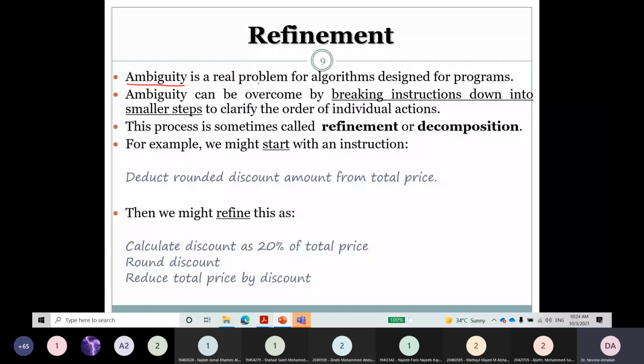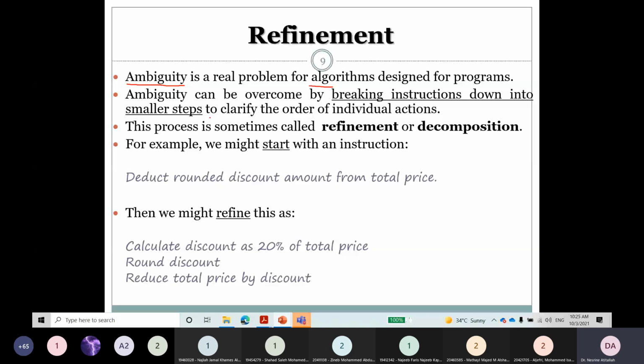When you are asked, for example, to compute the smallest, in this phrase there are several steps. So we can refine this part, we can break down this step into smaller steps. This process is sometimes called refinement or decomposition. Is it clear what refinement or decomposition means?